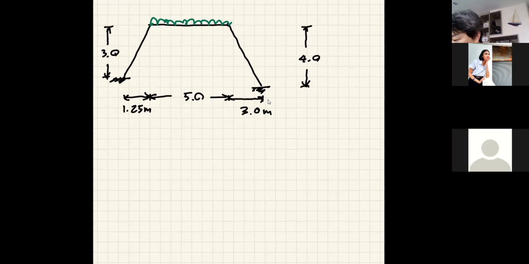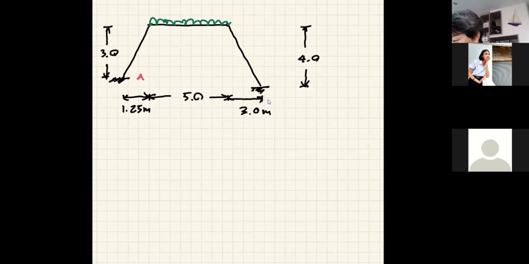So let's say I call this A, B, C, and D, my unknowns would be zeta B, zeta C. And because it's sway, I need the delta. It's one floor, so I should have one delta.